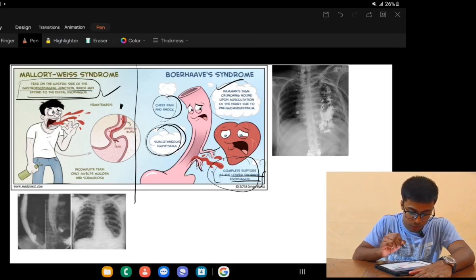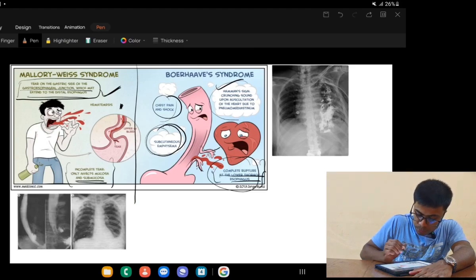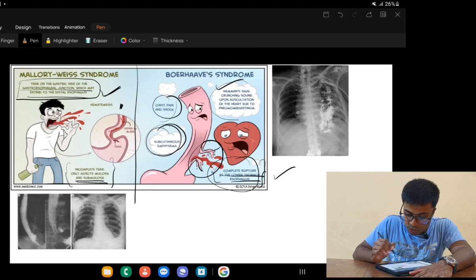Mallory-Weiss syndrome is due to a tear on the gastric side of the gastroesophageal junction, which may extend to the distal esophagus. It's just an incomplete tear, only affecting mucosa and submucosa. But in Boerhaave, it's a complete rupture at the lower end of the thoracic esophagus.